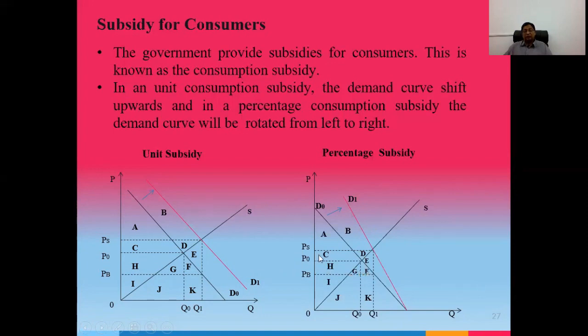Producer surplus increases by the amount of C plus G. Then this is the total cost of subsidy granted by the government, C, D, E, F, G, H. This is the increase in producer surplus. This is the increase in consumer surplus. This is the social cost or deadweight loss of this percentage subsidy program.